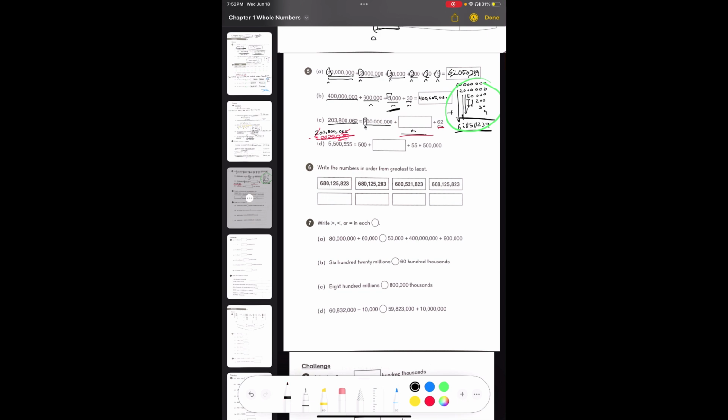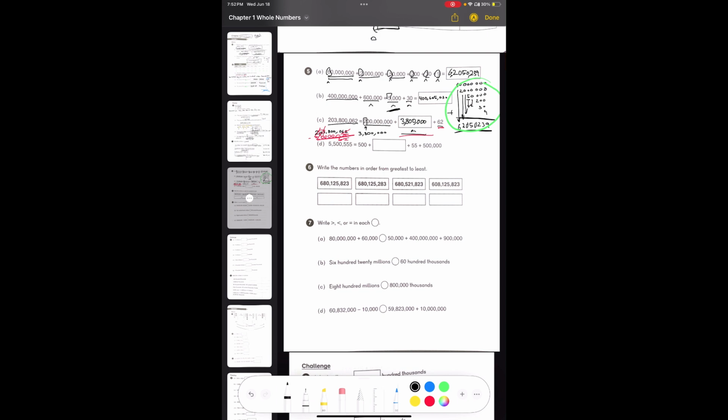So what we're left with is 3,800,000, and that's it. Because we can cross out the 0 here, since zeros in the front can be ignored. So we'll end up with 3,800,000. And that's the answer.